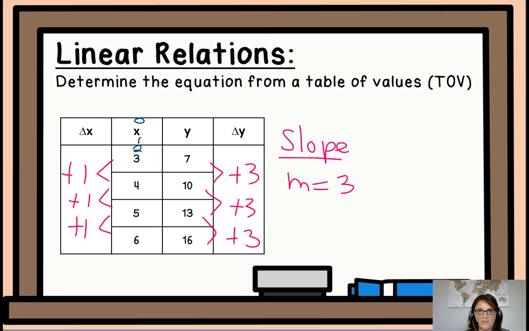Okay, so this time instead of adding 3 to figure out what the value is at 2 for y, we're going to subtract 3. So 7 subtract 3 is 4. And then 4 subtract 3 is 1. 1 subtract 3 is negative 2. So by extrapolating, we can see our y-intercept is negative 2.